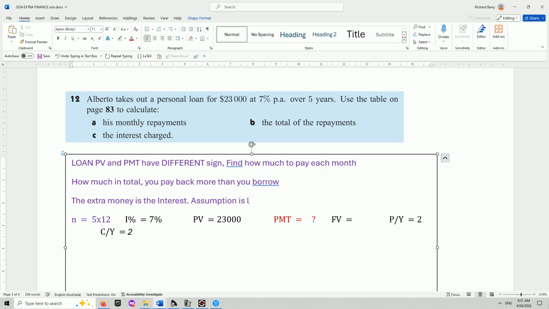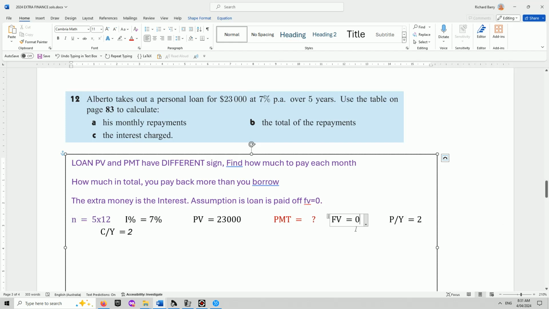So in the future, the future value is equal to 0. You don't owe anything at the end. It doesn't say it, that's something we think about.